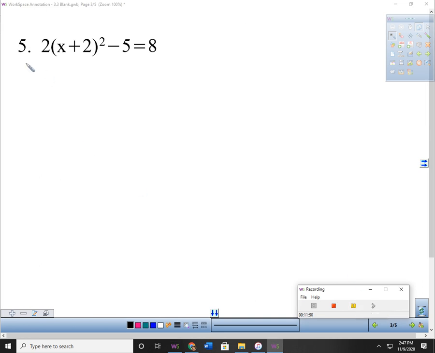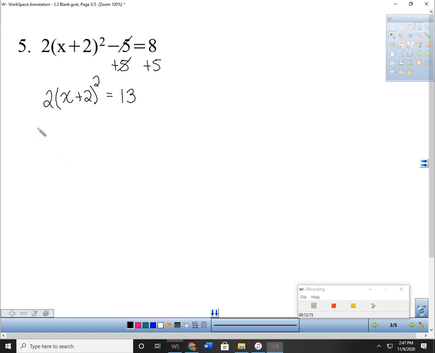So on number 5, I've added a little bit extra on the outside. So remember, before you get to this little grouping right here, you need to get rid of whatever's on the outside of it. So I'm going to add 5 first. So I have 2 times the quantity x plus 2 squared equals 13.